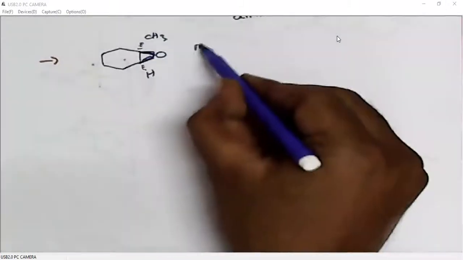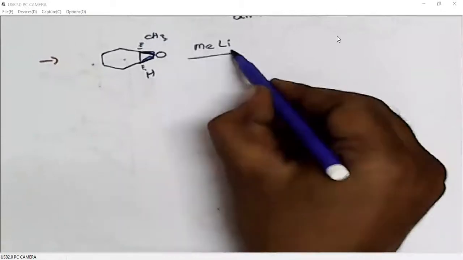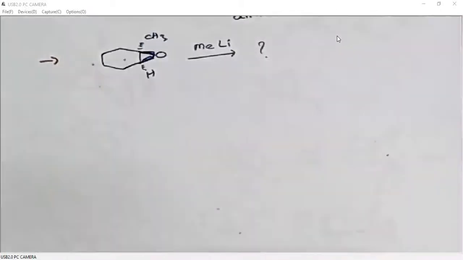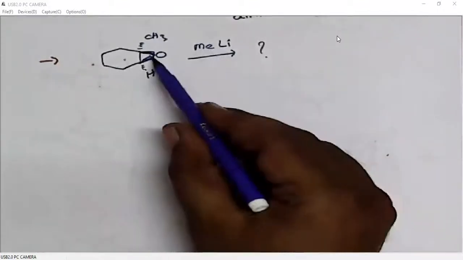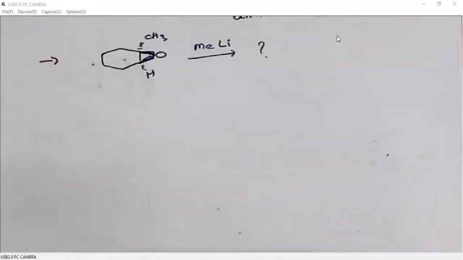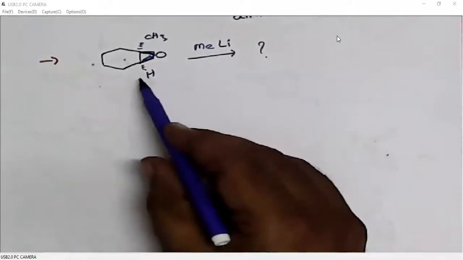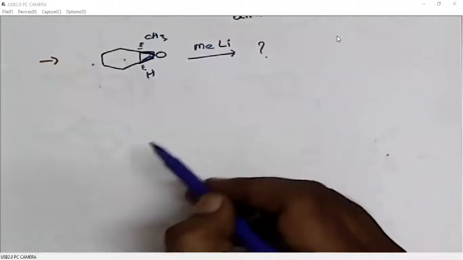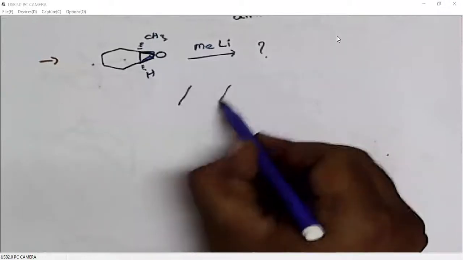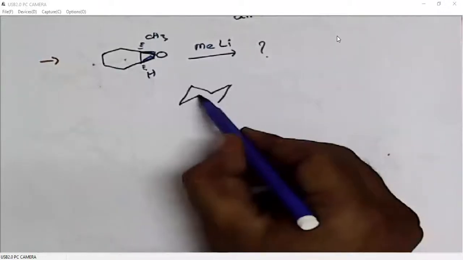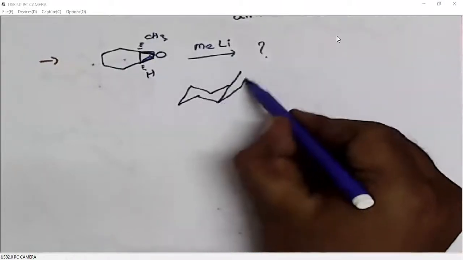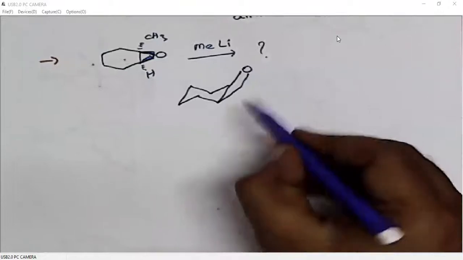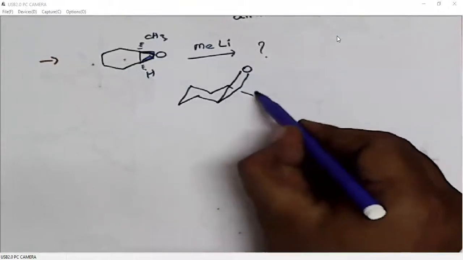Now, when this epoxide is treated with methyl lithium, what is the product here? Of course, we know for a simple epoxide, since it is above the plane, methyl lithium will approach this molecule from below the plane. But in the case of cyclohexane epoxides, we must take the chair conformation because it is a beta epoxide. It should be like this, and we have a methyl group here.